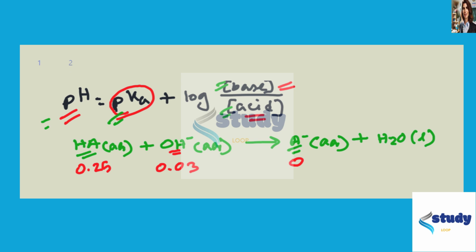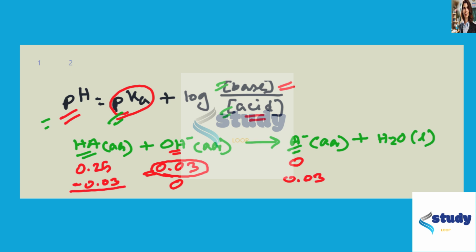After the reaction, this number of moles of base will react with the same number of moles of acid. That means after the reaction we will have the subtraction of 0.03 from the original number of moles of the acid, and we will have 0 mole of the hydroxide ion, and 0.03 mole of the conjugate base.